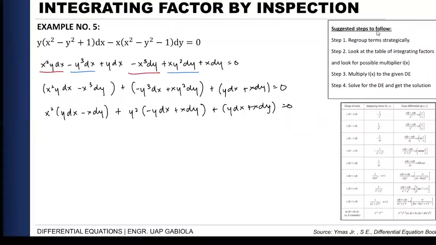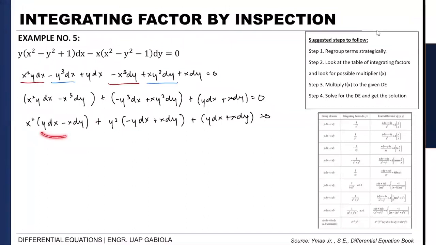So you can see we have three types of grouping that we have created. See, y dx minus x dy, it can be used here. Okay? And y dx plus x dy, we can use here.